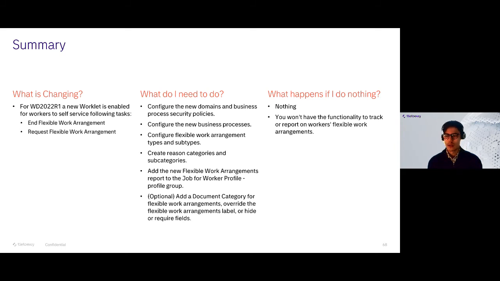What you then need to do is to configure the domain and the business process security policy. Also need to configure the business process definition, as well as all the types and subtypes. And then optionally, you can add a document category for the flexible work arrangements.